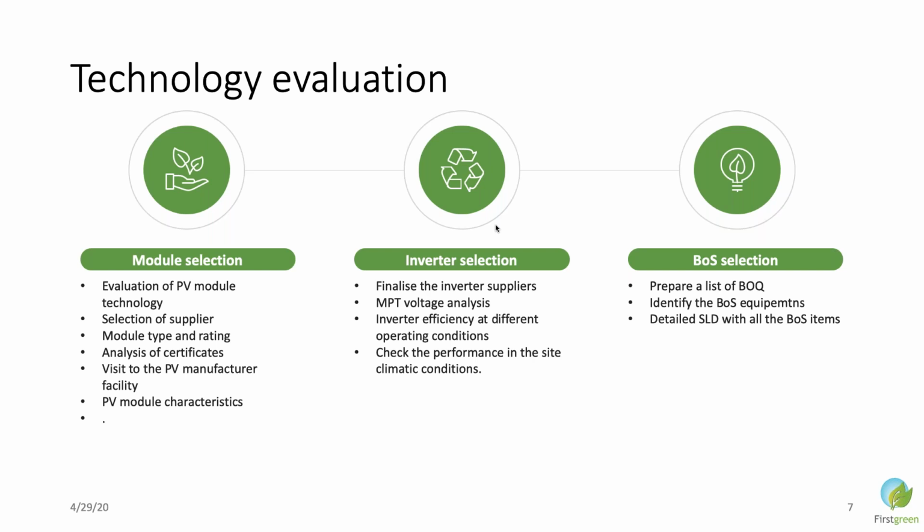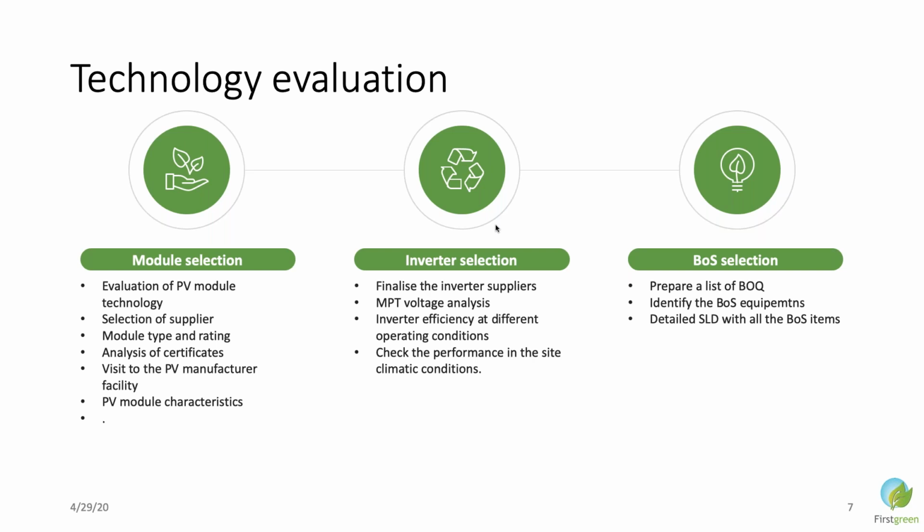We will discuss in brief about it. At the same time, we will also discuss what all the considerations should be taken while selecting an inverter. Rest of the things are also important as a part of BOS, but we will discuss those items in brief when we will discuss the DBR, that is design brief report.